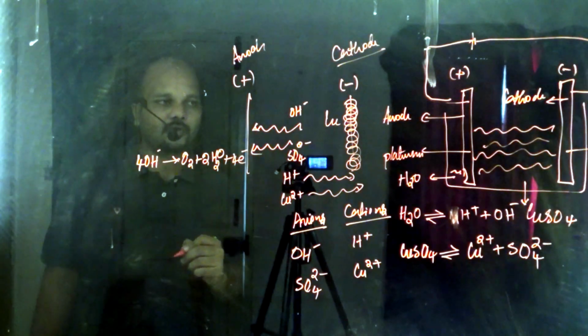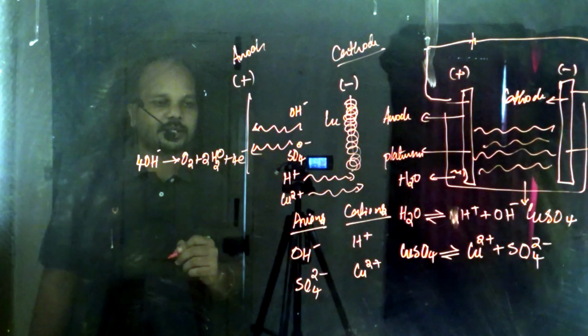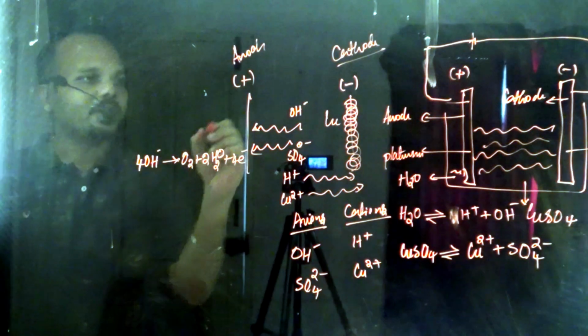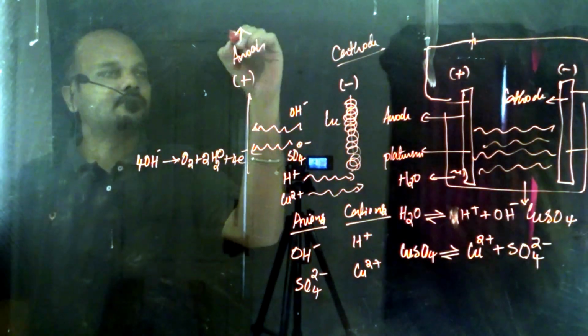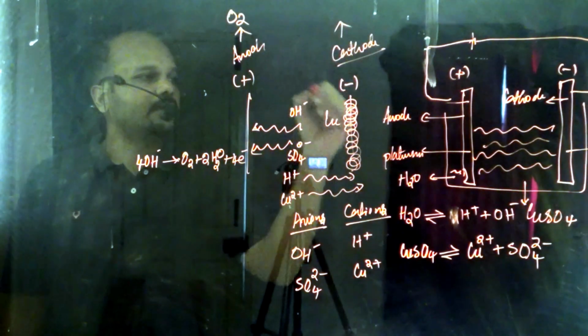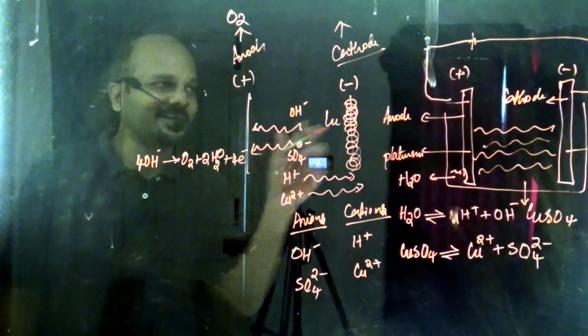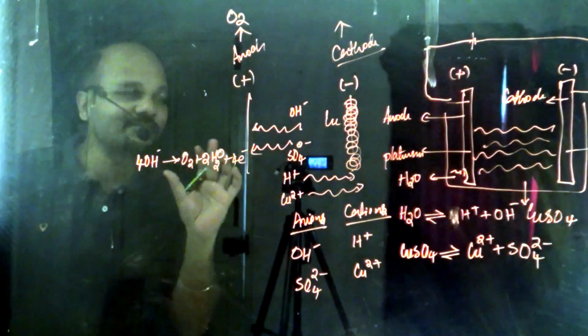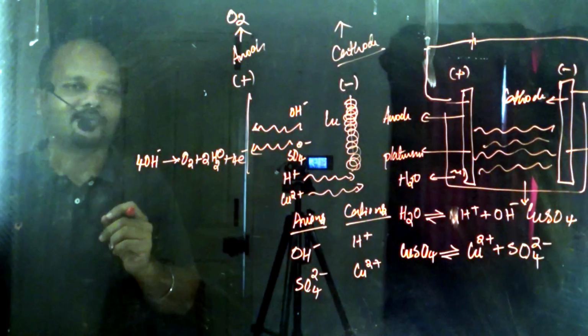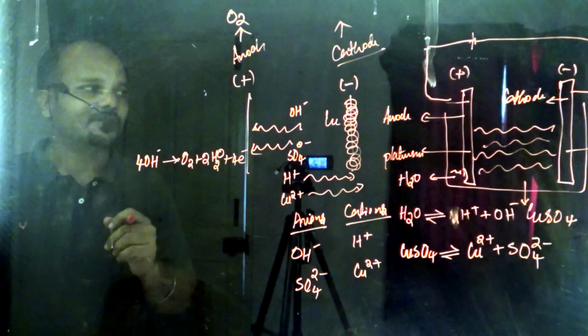This is the reaction that is happening. So through the anode, oxygen will be released, and through the cathode, nothing is released, copper is deposited at the cathode. This is what is going to happen when we use platinum as the electrode. Platinum is the inert electrode.